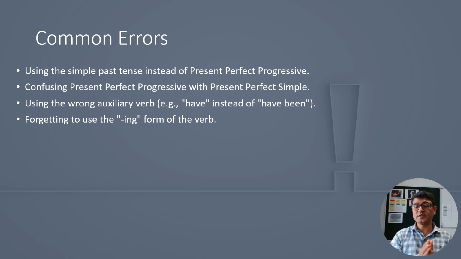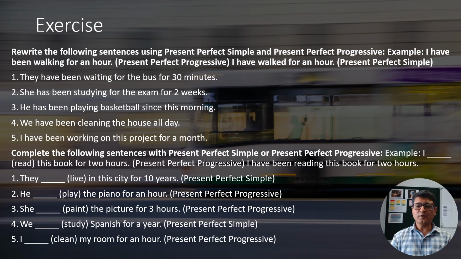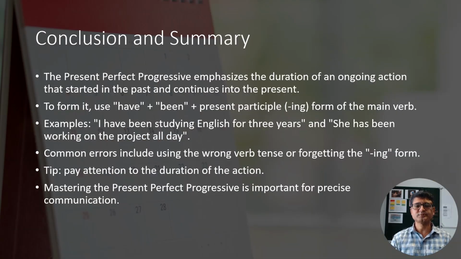You have to use have been in this tense, and also the ing form of the verb. Now, please do this exercise. This exercise is going to be really helpful for you. This will determine how far you are able to understand, and you'll be able to retain what you have learned now, right? So pause this video, do this exercise, and then come back.